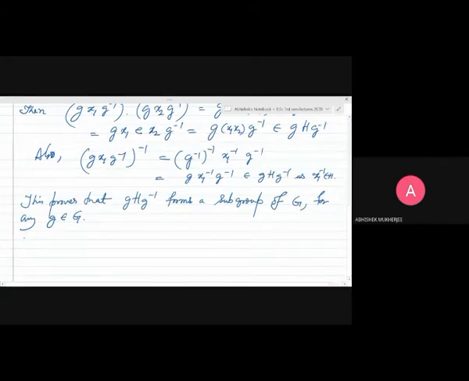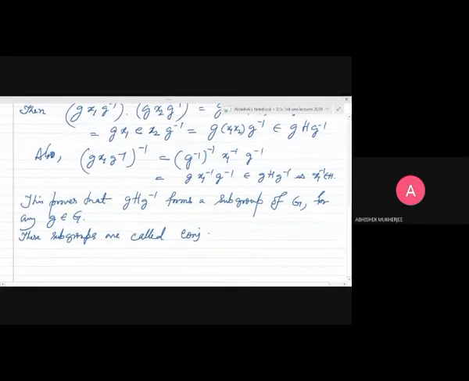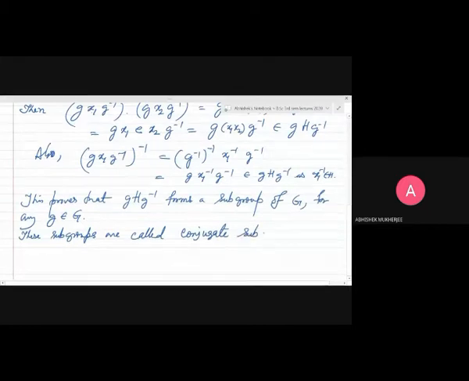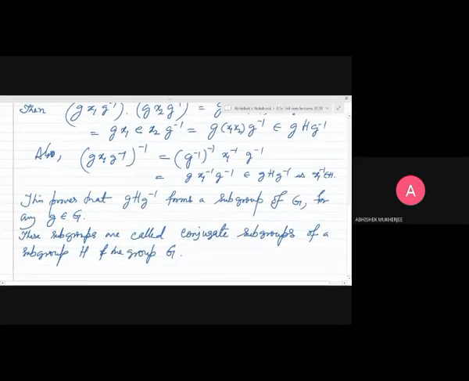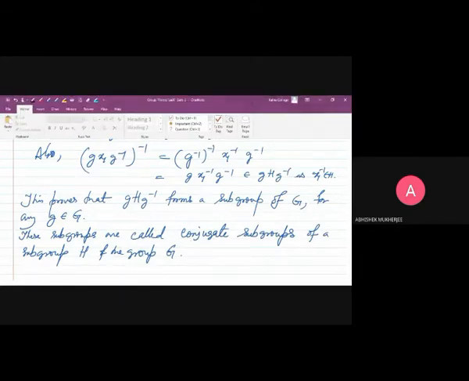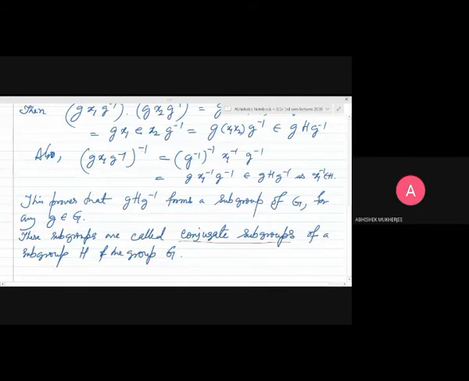So these subgroups are called conjugate subgroups of a subgroup H of the group G. Okay, conjugate subgroups, right? This one, conjugate subgroup.